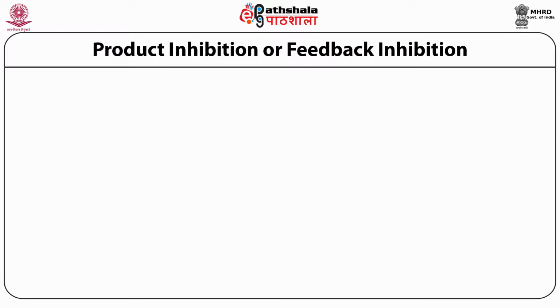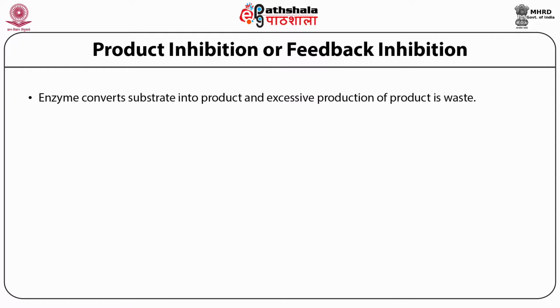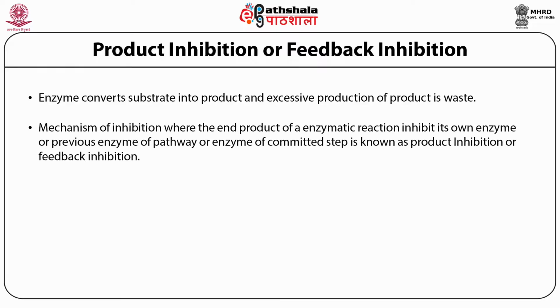Feedback inhibition is the name given to inhibition where the product itself inhibits its own formation. This is important in biological reactions where a substrate is converted into the product and the product is utilized in the next cycle. If excessive product remains in the biological system, you don't require that product to be formed.